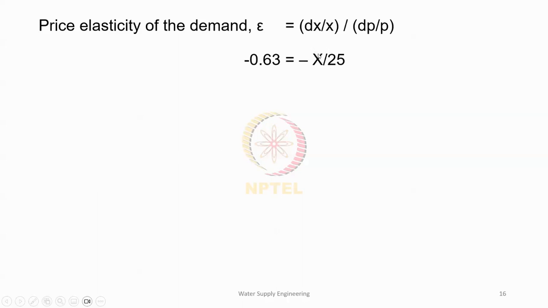So only x is unknown, that is change in water consumption or reduction in water consumption. So just substituting, we have x is equal to 15.75 percentage, that is 0.63 into 25, which is approximately 16 percentage. Hope that is clear.